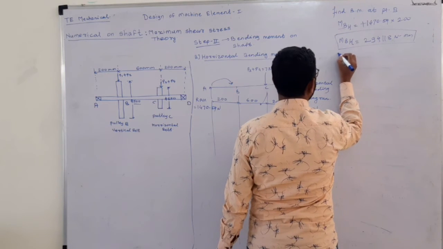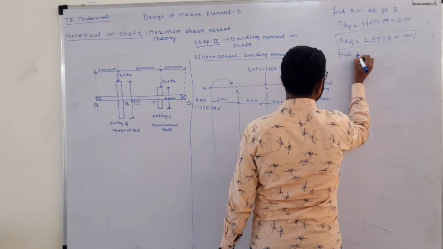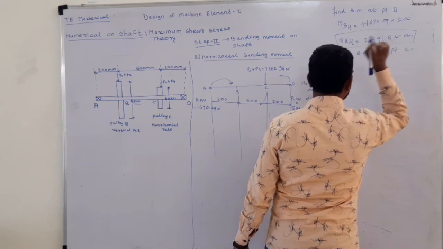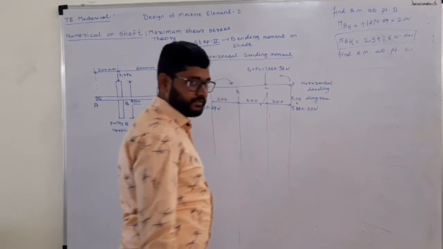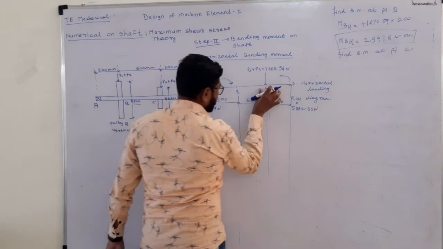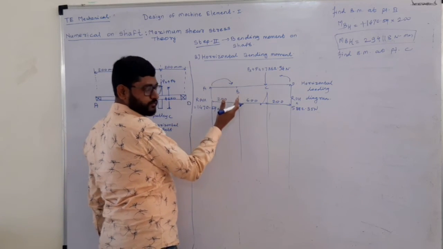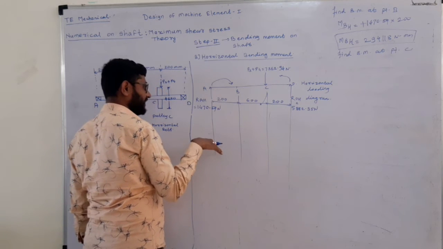Find bending moment at point C. How to find bending moment at point C? Again consider left side forces, clockwise positive, anti-clockwise negative.